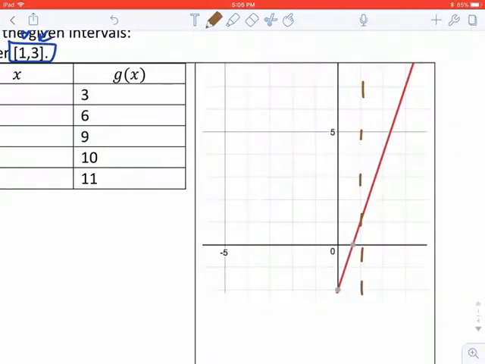We actually want 1, 2, 3 right here. And even though for this particular function, since this is a linear function, looking at that red line, the average rate of change will be constant throughout, we can find the average rate of change for just this region, which is 1 to 3.